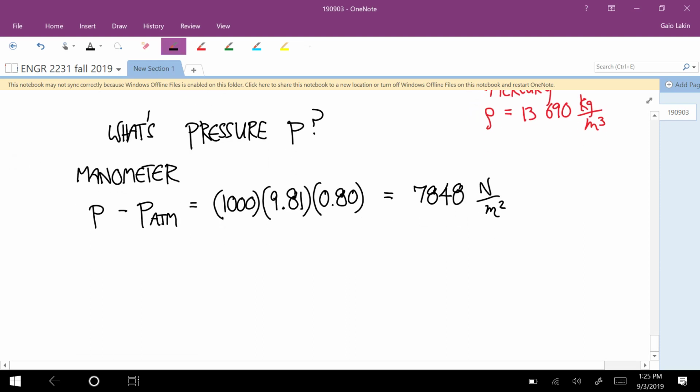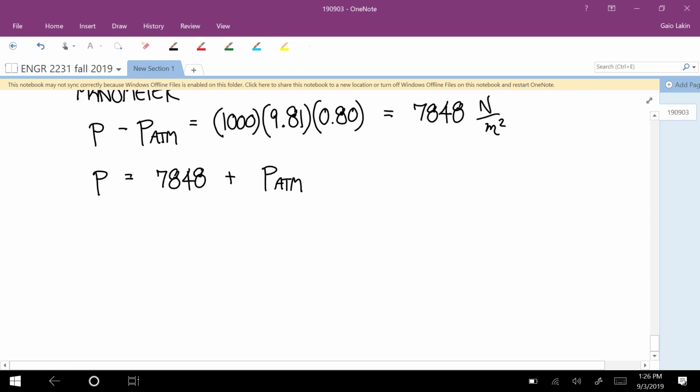Or I can rewrite this as the pressure that we're trying to find is equal to 7848 plus the atmospheric pressure. And now we use the barometer equation.